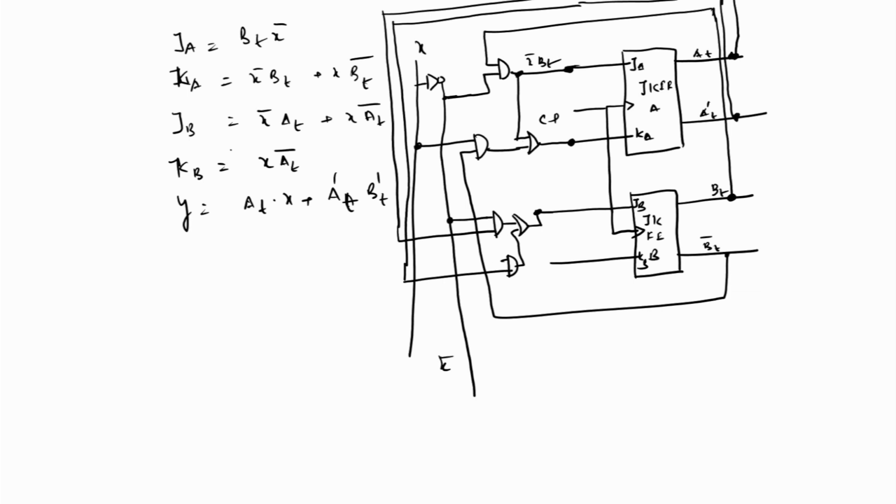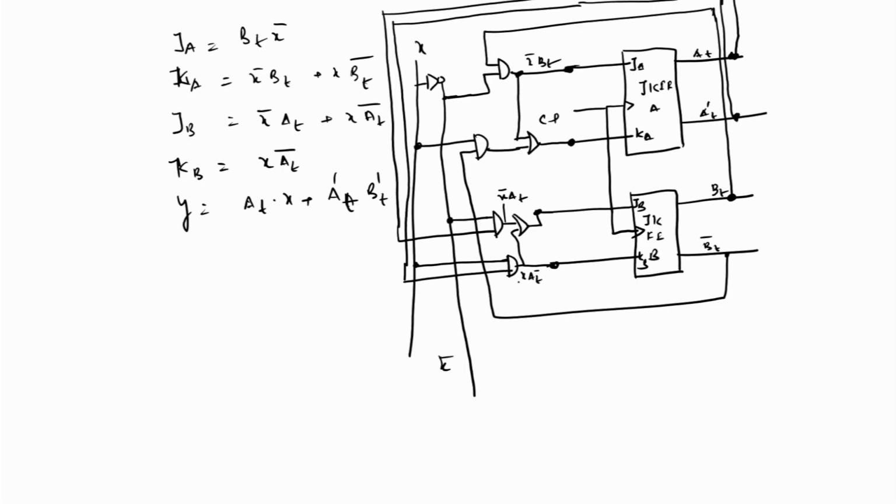For JB, X complement AT is taken from here, and another component, X into AT complement, is taken from here. This represents X complement into AT, and this represents X into AT complement. KB is the same, X into AT complement, and that is also provided here as KB.